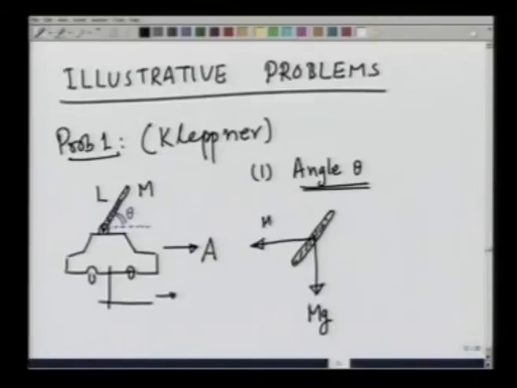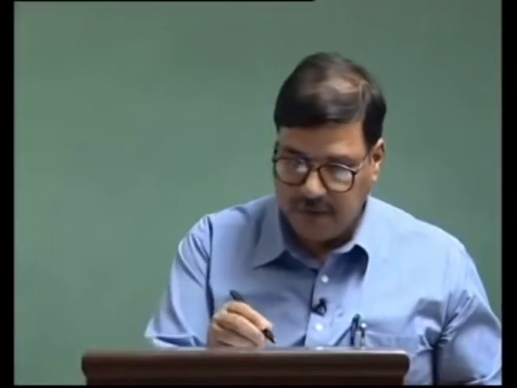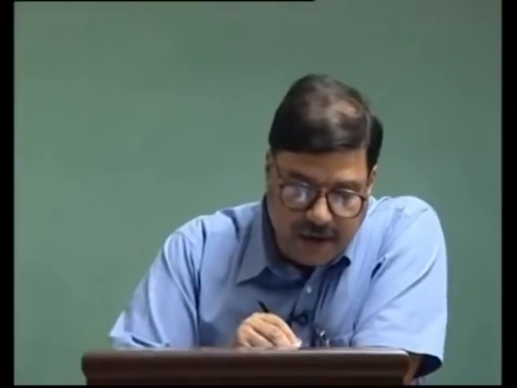So, it is under the influence of ma to the left, and there are normal reactions at the pivot. Let us call these n1 to the right and n2 vertically up. So, this rod is in equilibrium under these forces: minus ma, n1, n2 and mg. Let us go to the next page and show this free body diagram of the rod again.